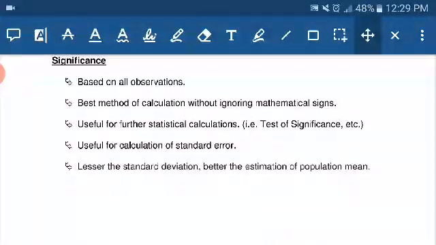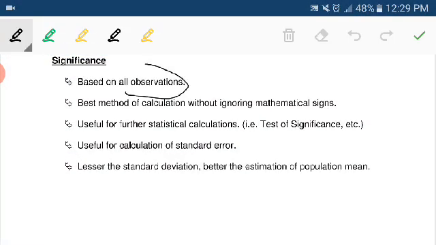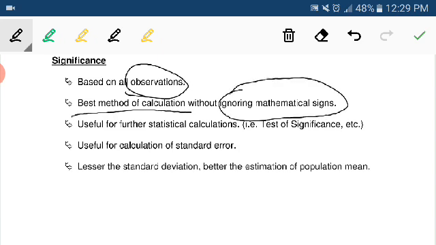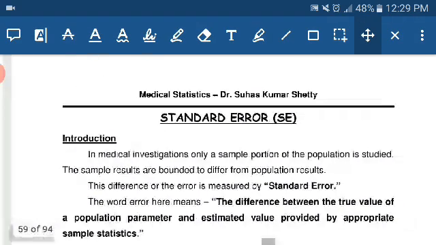What is the significance? It is based on all the observations, the method of calculation does not ignore the mathematical sign, and it is useful for further statistical calculation, such as standard error. The lesser the standard deviation, the better the estimation of the population mean.